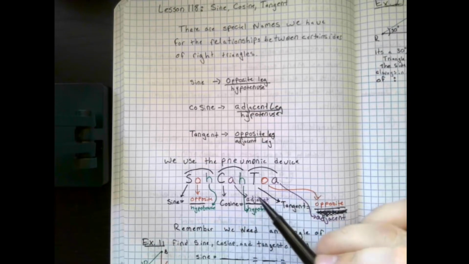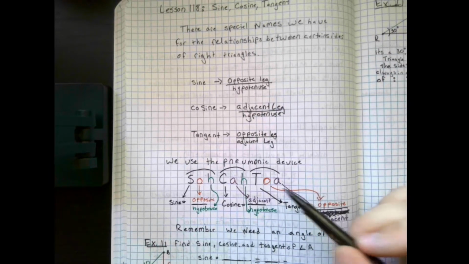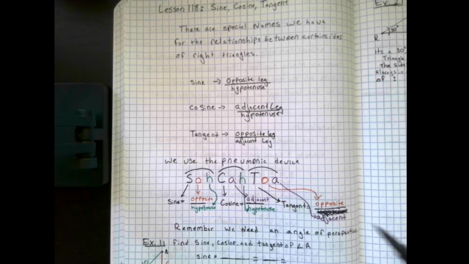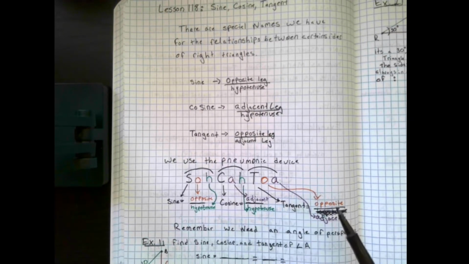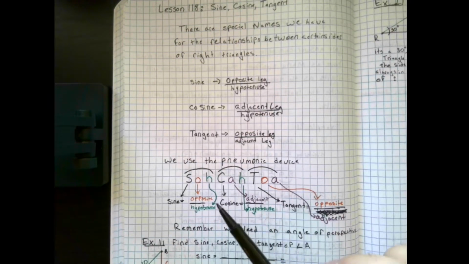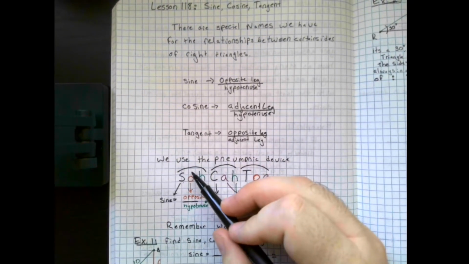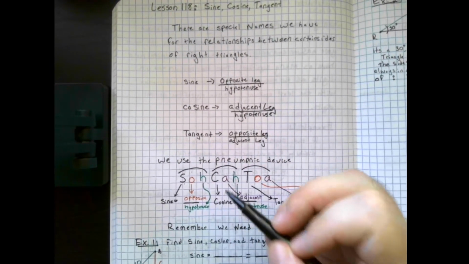Cosine is equal to the adjacent over the hypotenuse, and tangent is equal to the opposite over the adjacent. So we can remember sine, opposite, hypotenuse with SOH; cosine, adjacent, hypotenuse, CAH; tangent, opposite, adjacent, TOA. So remember that it's the function, the numerator, then the denominator.